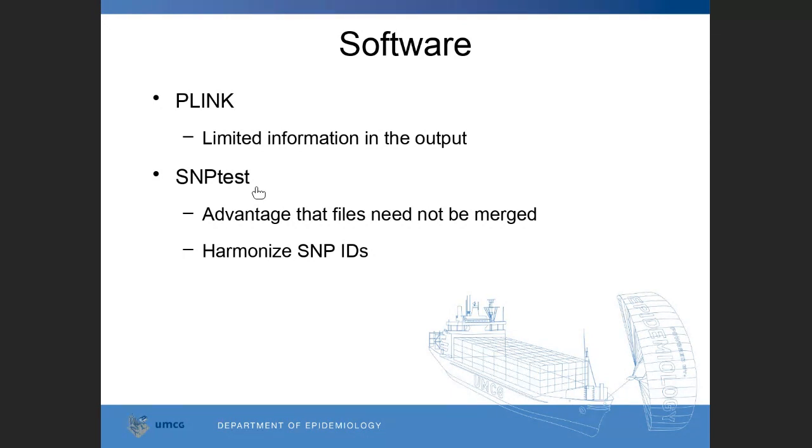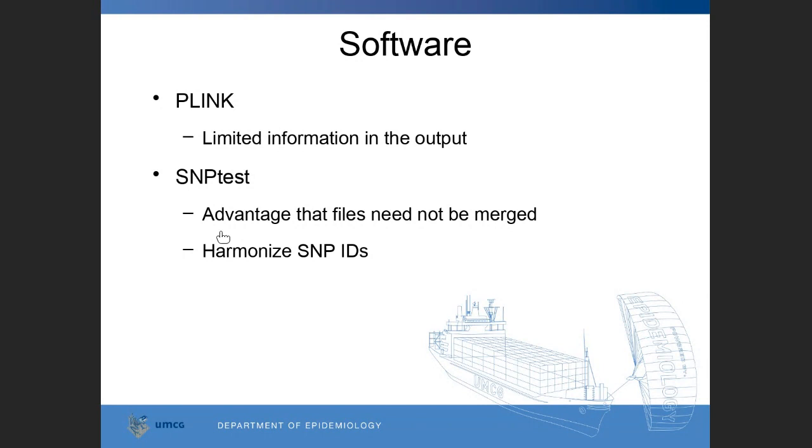You can download Snptest and upload it to your account. It doesn't require installation. It's a standalone program. So that's its advantage. It gives you much more information in the output, the results file, including, for instance, minor allele frequency and imputation quality, which is lacking from the Plink files sometimes.